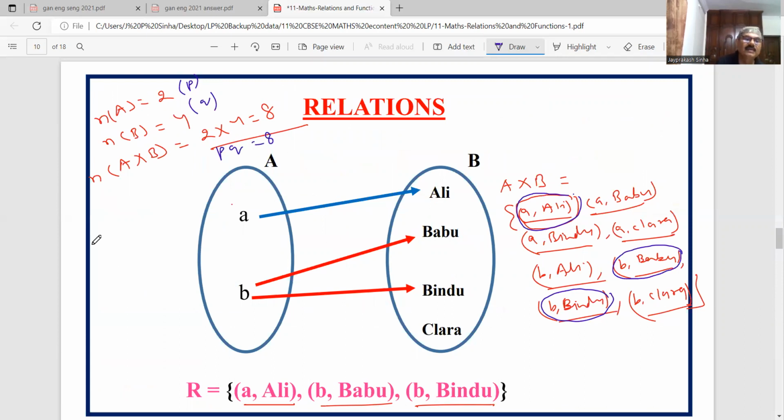So the total number of relations that can be formed from these two sets is equal to 2 to the power PQ, means 2 to the power 8. These many relations we can form. Correct?